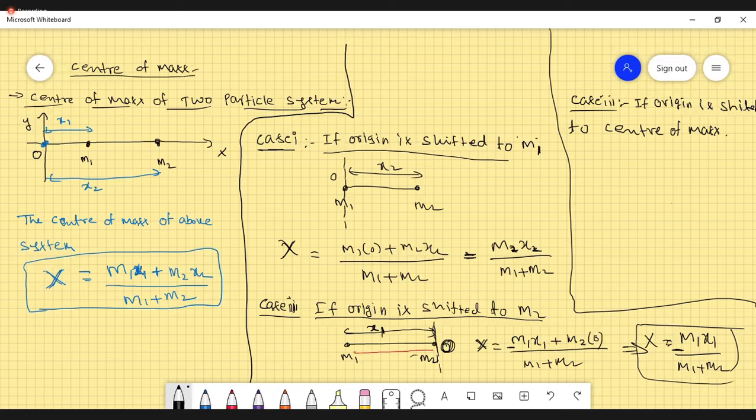Okay, now if origin is shifted to center of mass, so where is it shifting? At center of mass. So let's see what will happen.